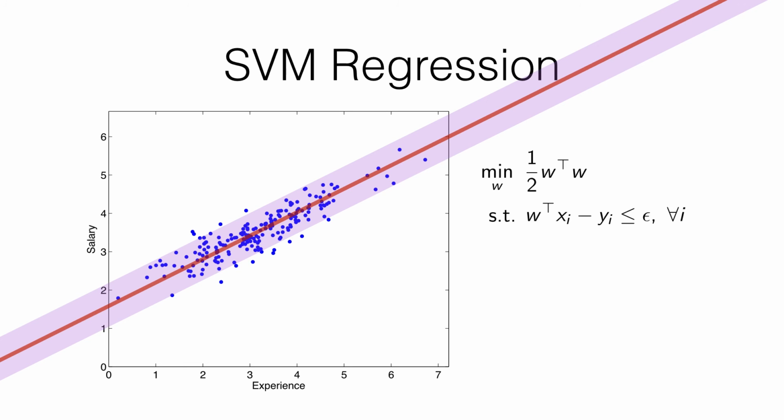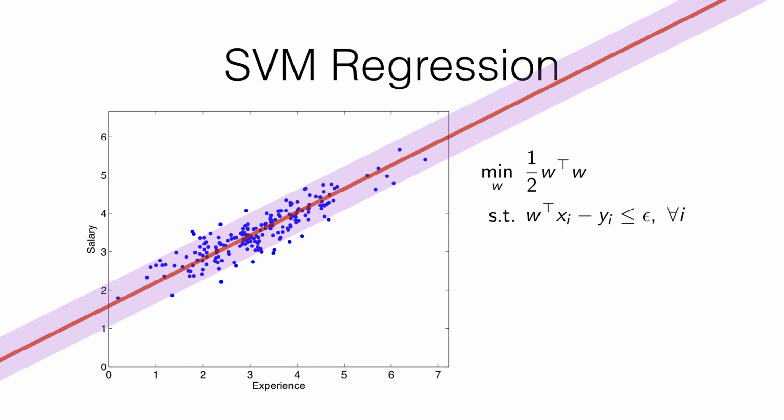You want to make sure that for every data point, w times x minus y is less than epsilon. Let's think about what these are. w times x is our prediction, that should be something like the red line in the picture. And y is the true value, the actual value that we're trying to predict. So we want that to be less than epsilon.